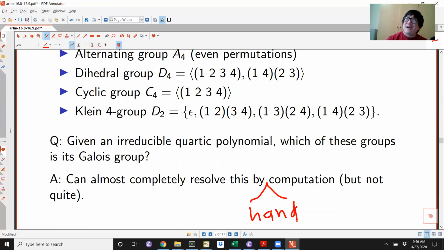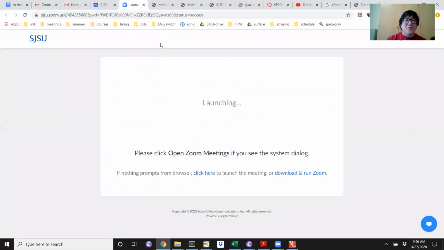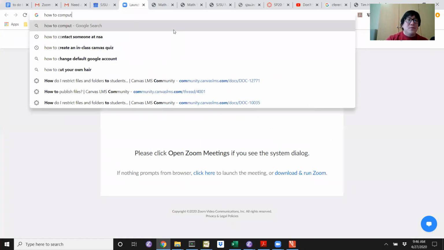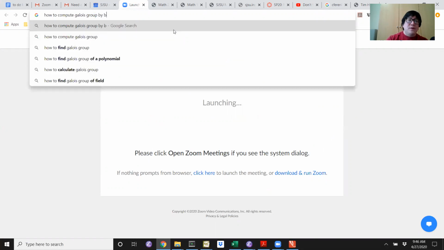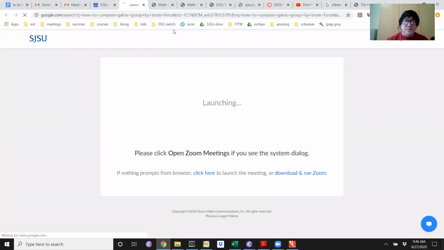And I faintly remember using some program that says compute the Galois group of this polynomial, and I think there's a way to do this. You know, I can't resist. I'm going to Google this. Okay, I don't have anything too embarrassing. Lecture tip: always make sure you know what's in your tabs in your browser. So, how to compute Galois group by brute force.